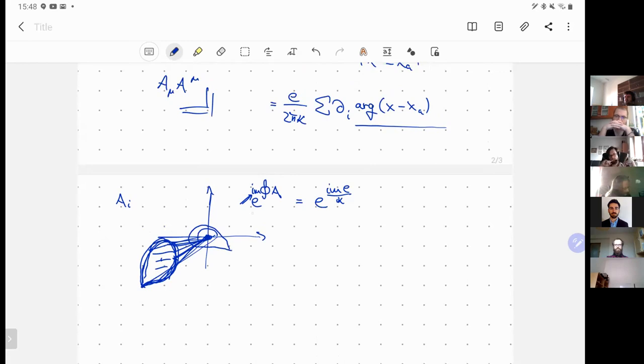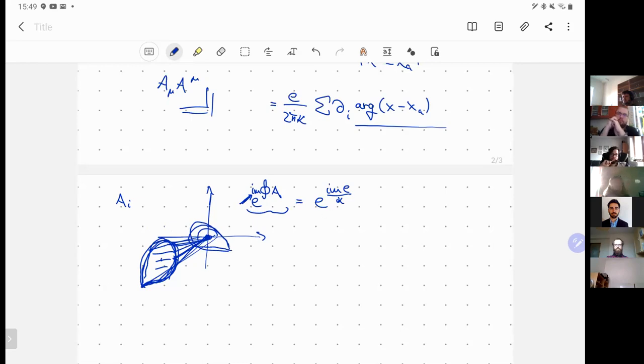I should have really thought of holonomies as an effective description of transporting particles around some loops. If you put the work in, you can rewrite this as a one-dimensional path integral along the world line of a particle, and this m would represent its electric charge with respect to A. So if I'm calculating this holonomy, I'm literally taking a particle around another particle, and what I'm generating is this non-trivial phase.